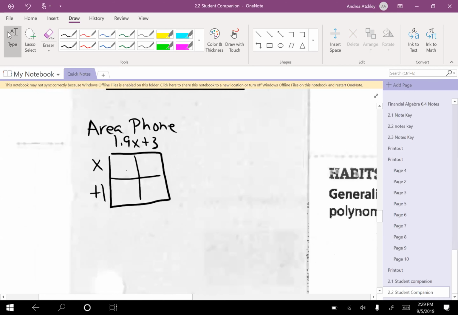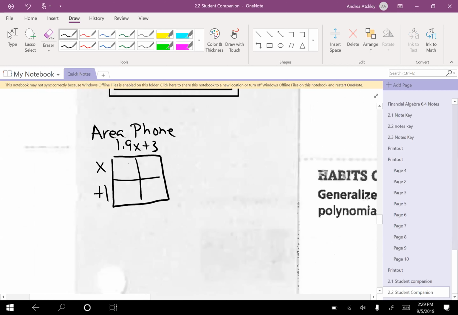So 1.9x times x is 1.9x squared. 3 times x is 3x. 1.9x times 1 is 1.9x. And 3 times 1 is 3. So the area of the phone is 1.9x squared plus 1.9 and 3 is just 4.9x, and then plus 3.